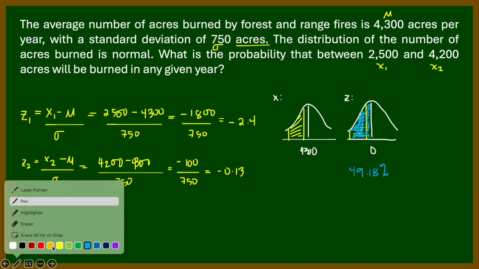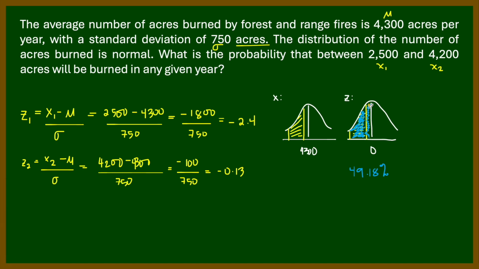So let's label it with this color. So this is your 5.17% from mean to z, or 0 to negative 0.13.